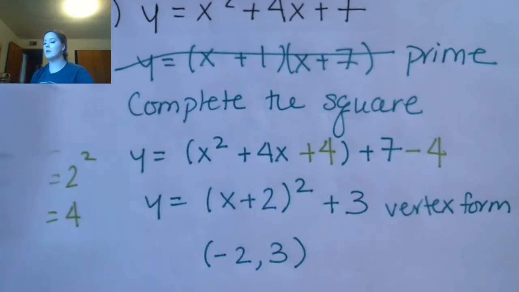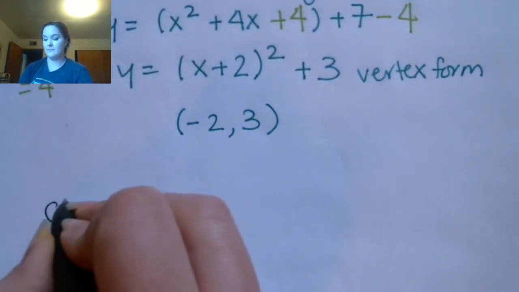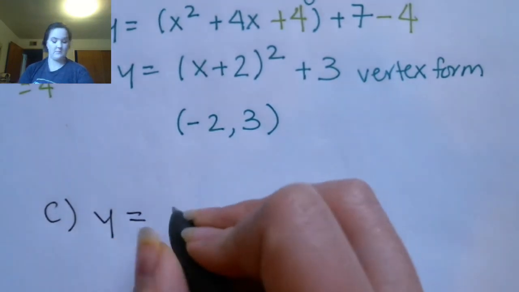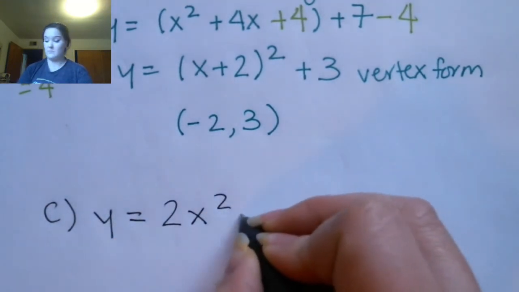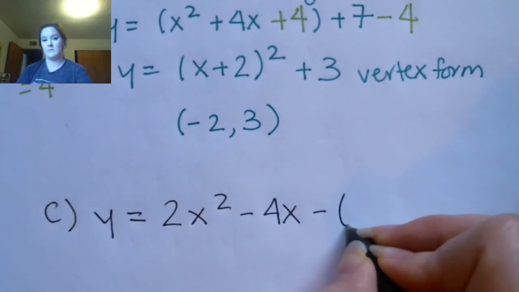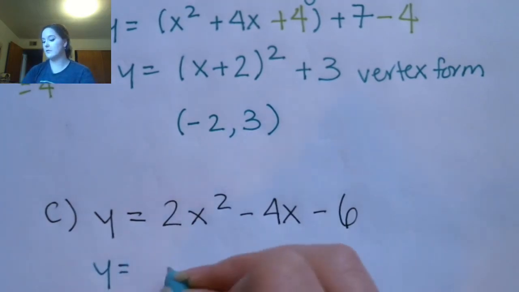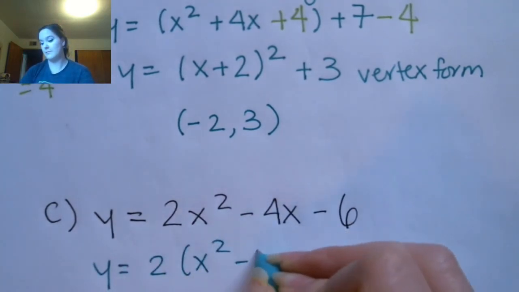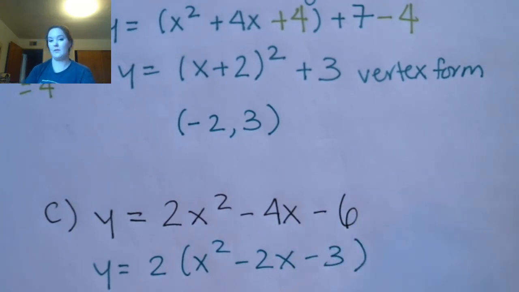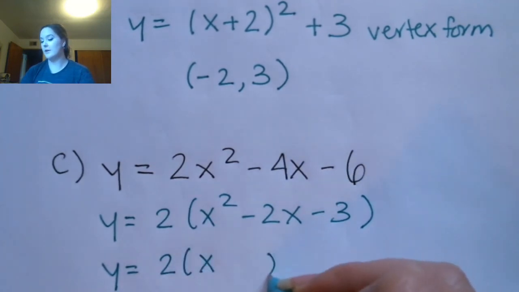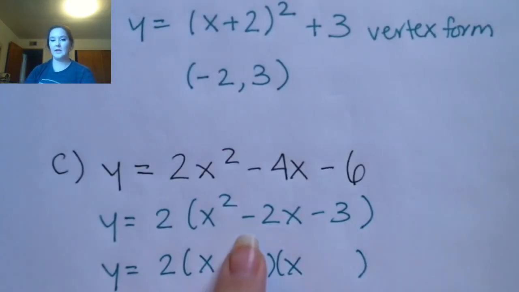All right, let's do one more example of this. The first thing I'm going to do is try to factor this. So this does factor. What multiplies to -3 and adds to -2?